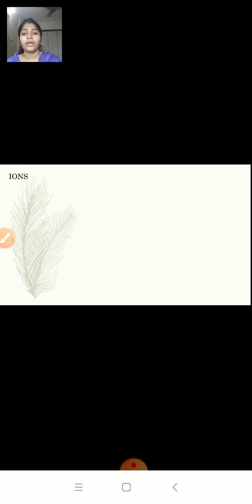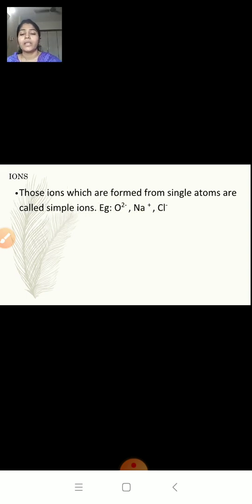I hope you have understood what are cations and anions. Now the ions which are formed from a single atom are called simple ions. Just now we saw sodium atom forming sodium ion. So they are called simple ions. Example, oxide ion, O2-, sodium ion, chloride ion.